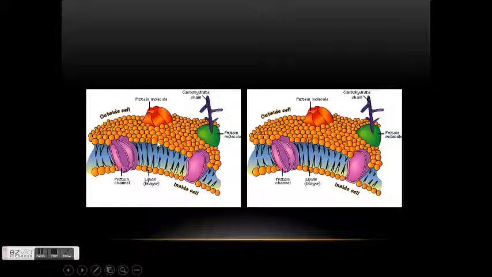Liking water sounds weird, like when we talk about likes and dislikes in our personal lives, but in science, when you like water, it means you can usually dissolve in water, or that water is attracted to you because of how your molecules are made up. The middle here is hydrophobic, meaning that it hates water.